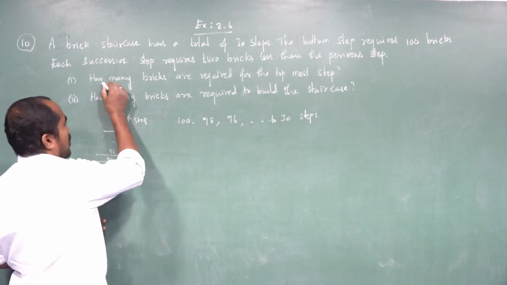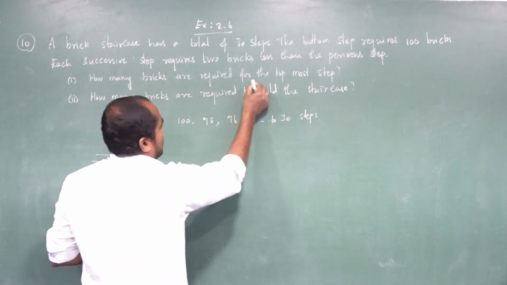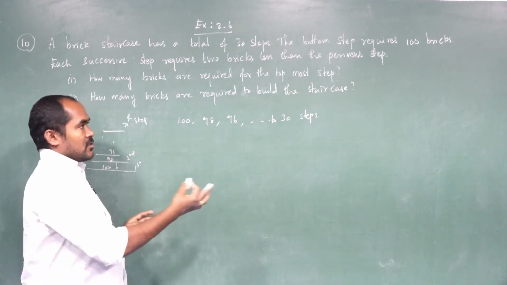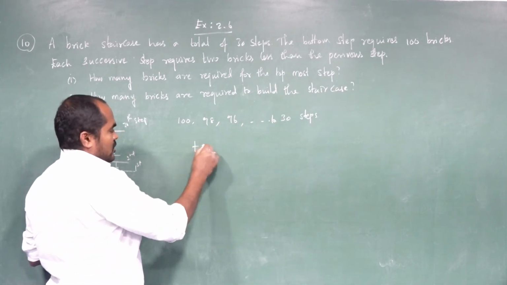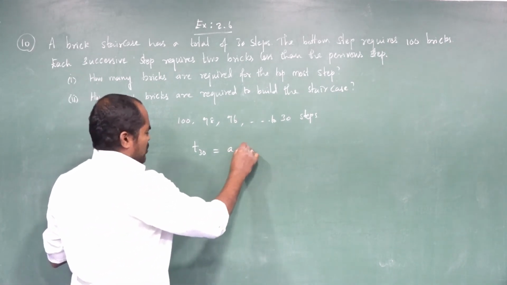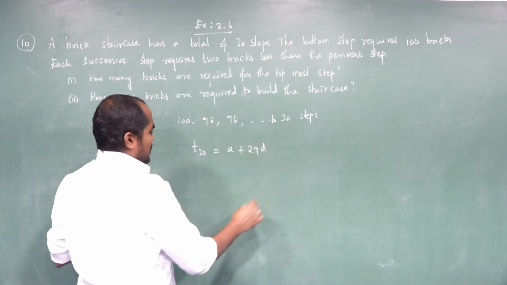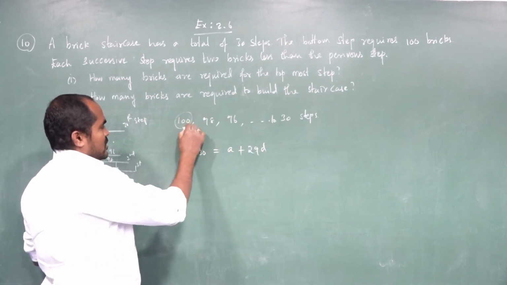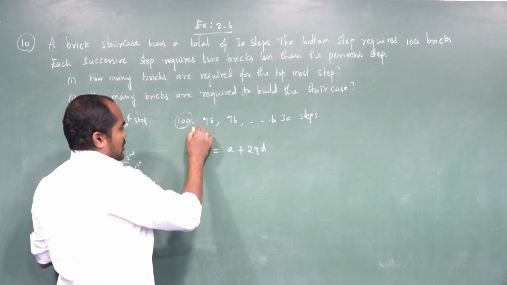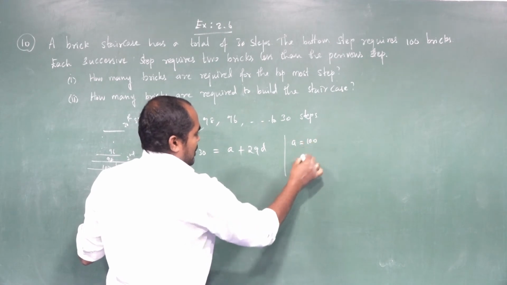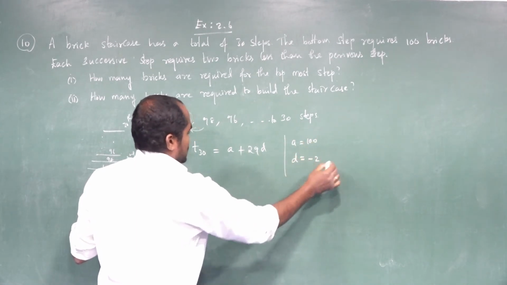So our first question, how many bricks are required for the topmost step, that is the 30th step. So we want to find T30. T30 means a plus 29d. You know a is the first term. So the first term is 100 and the common difference is minus 2. So here a is equal to 100 and d is minus 2.